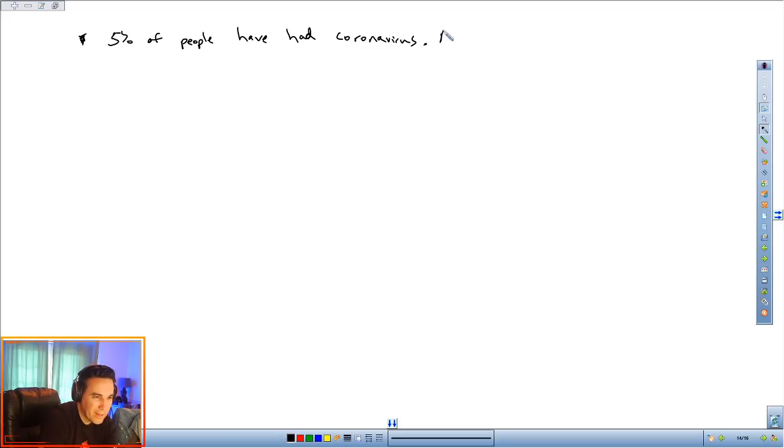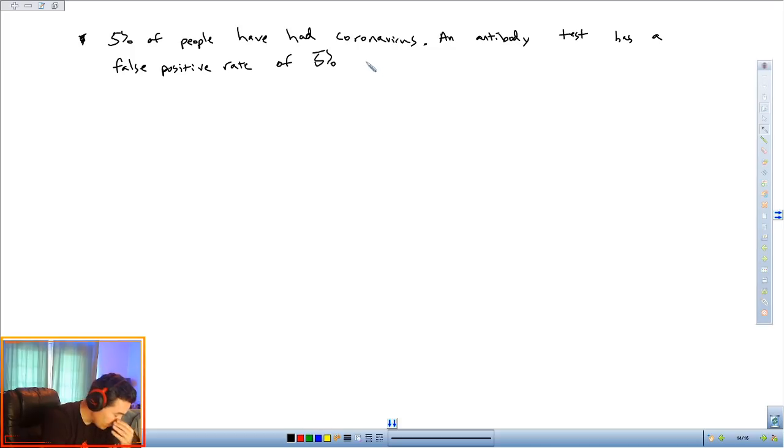Let's say an antibody test has a false positive rate of 5% and a false negative rate of 15%.